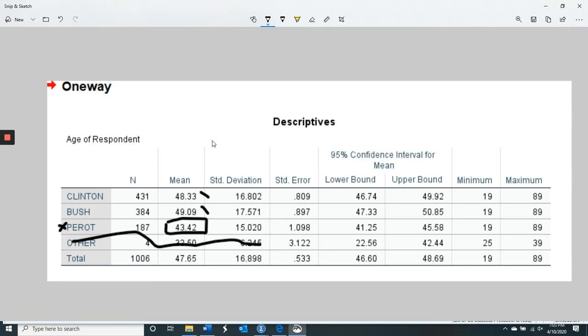And so our sentence would be simply something like this. So after we reported our overall findings with our F, which I stated that sentence earlier in this video, we would simply say, post hocs suggest that Perot voters are younger than Clinton and Bush voters.